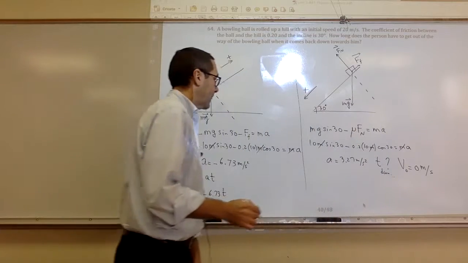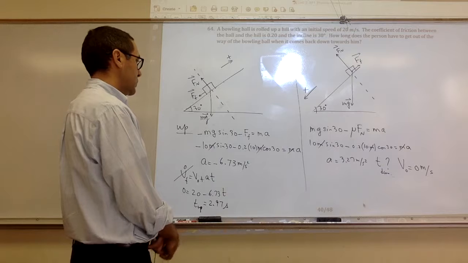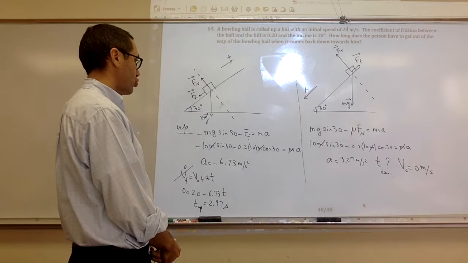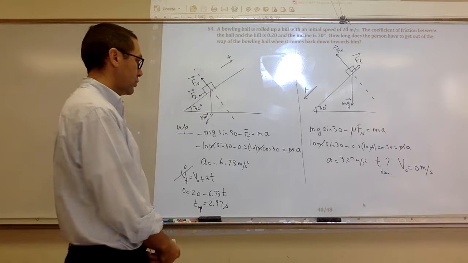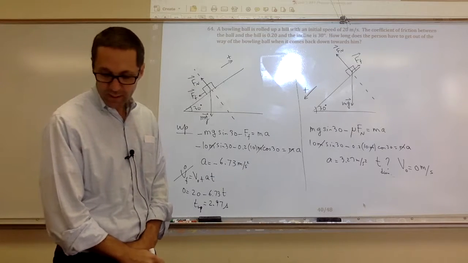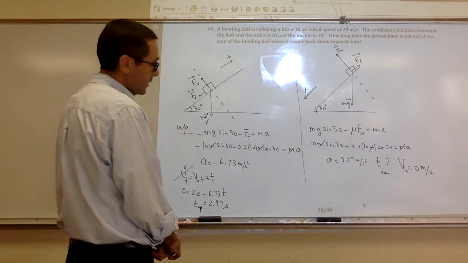And that's pretty much all we have. So we don't have an equation that can link those. So what I think we should do is maybe find the distance first, and then find the time.